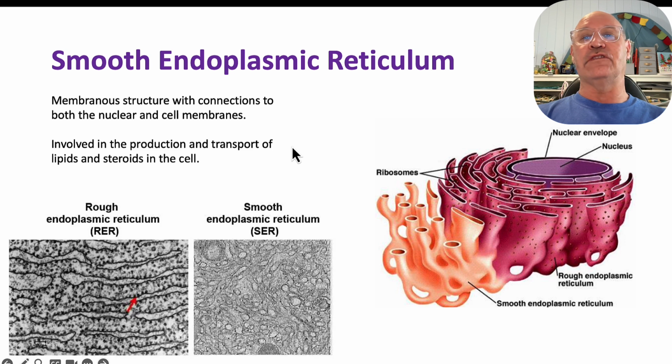Okay, so it's also a membrane-bound structure, and it connects with the nuclear membrane and with the cell membrane, but no ribosomes, and it's involved in the production of lipids. And so on the electron micrograph, you can see that it's also highly folded, but with no ribosomes. So just so you can compare them side by side.